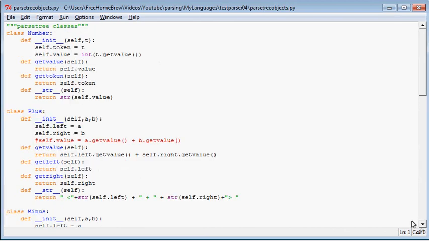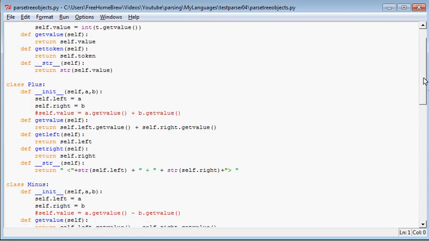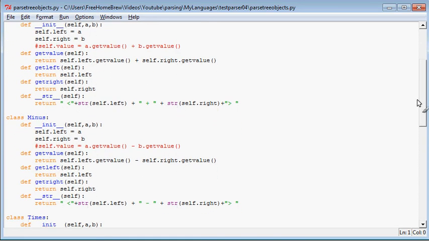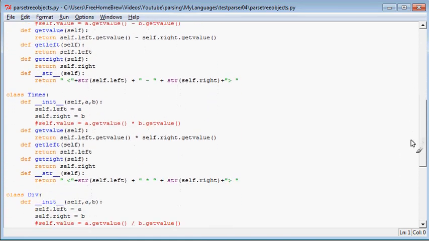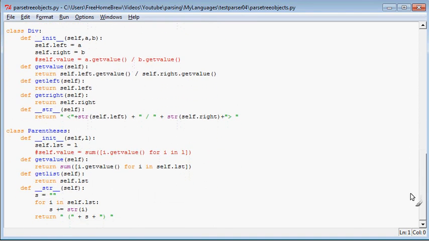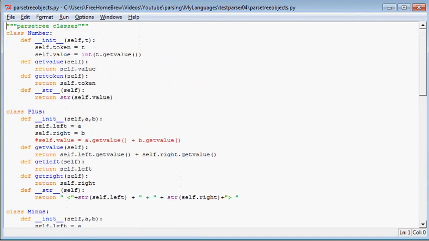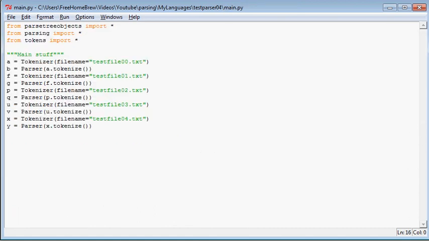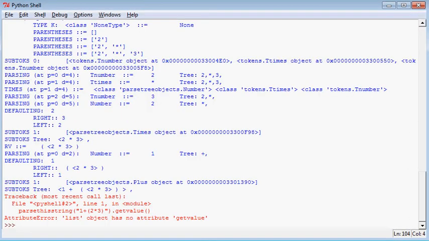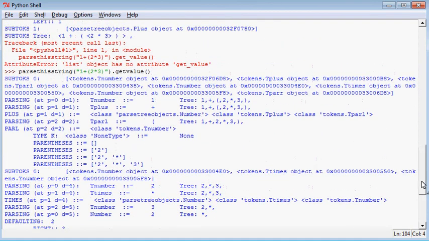Yeah, I also want to note that this is all part of the large project I announced in the update video. So I'm going to be parsing natural languages, and from the parsing part I'll be writing MIDI files.